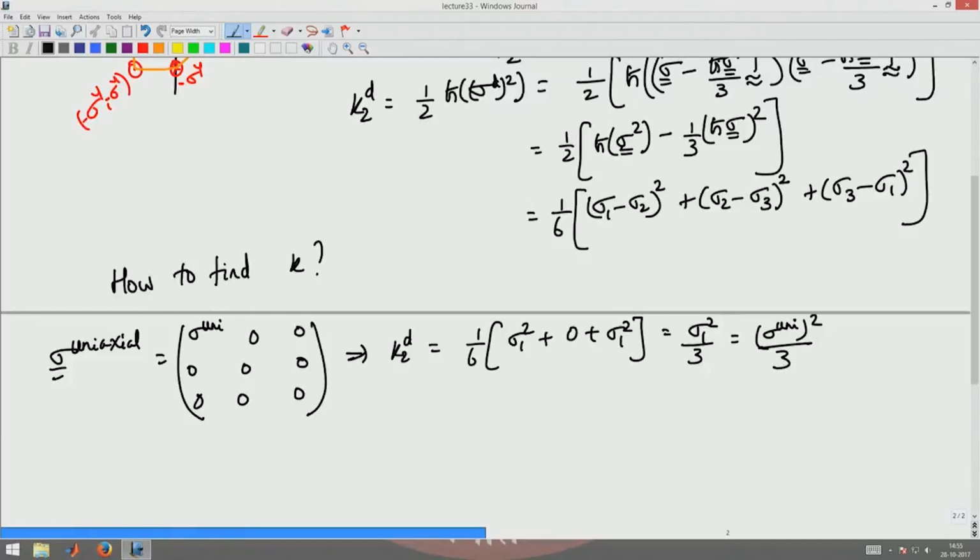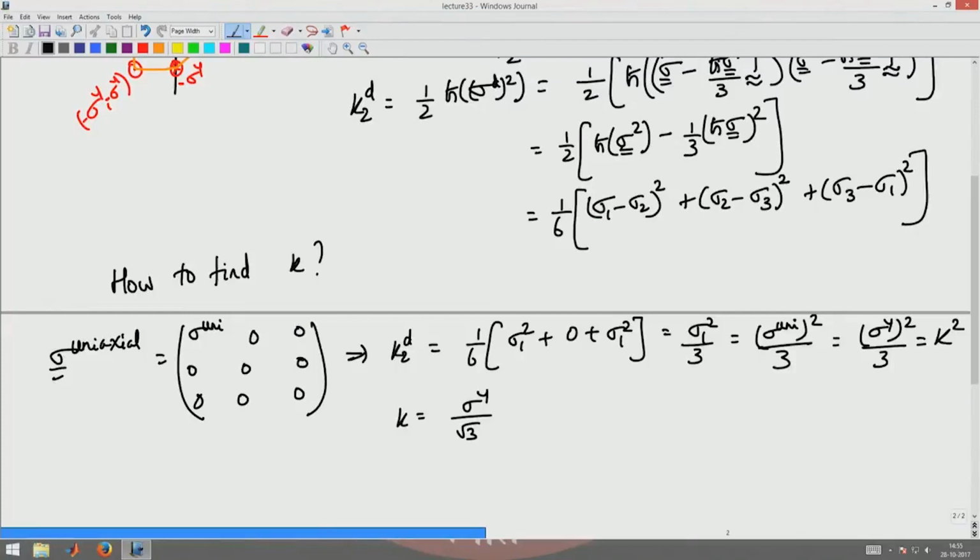Now, I know that when the stress reaches sigma y, the material has begun to yield. So, sigma y square by 3 must be equal to kappa square, that is the limiting value of the stress at which the material begins to yield. In other words, kappa is sigma y by root 3. Sigma y by root 3.